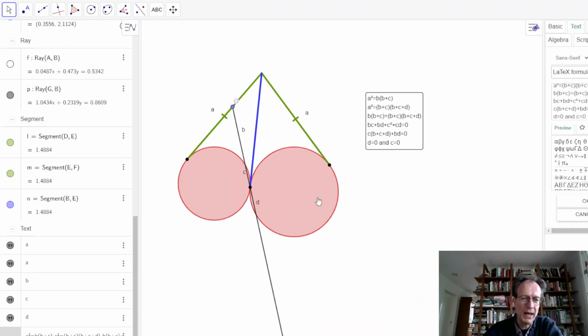So what we have shown is that the blue line has only one intersection point with each circle, and therefore it must be the common tangent. And so we have used the ad absurdum technique to show that the blue line is the common tangent of the two circles.